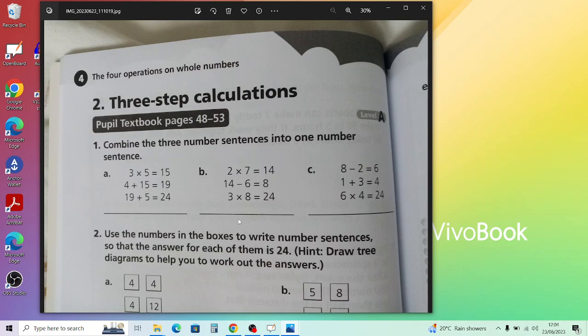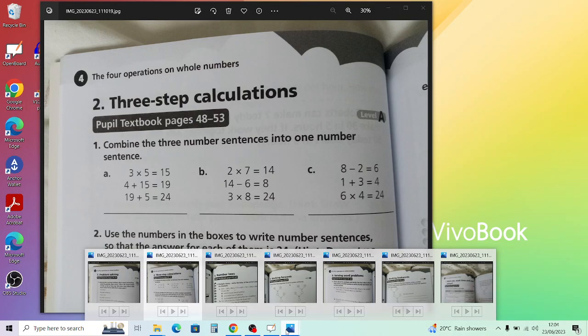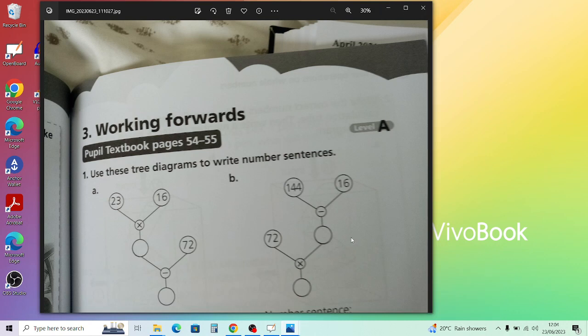Okay, so moving on to 3, and this 3 will help us in terms of knowing what they meant by those diagrams. So it's got 3, which is called working forward, and so the middle bits are called times. Okay, so you can work these ones out. 23 times 16, work out what that one is, and then that number, take away 72, will be your answer.